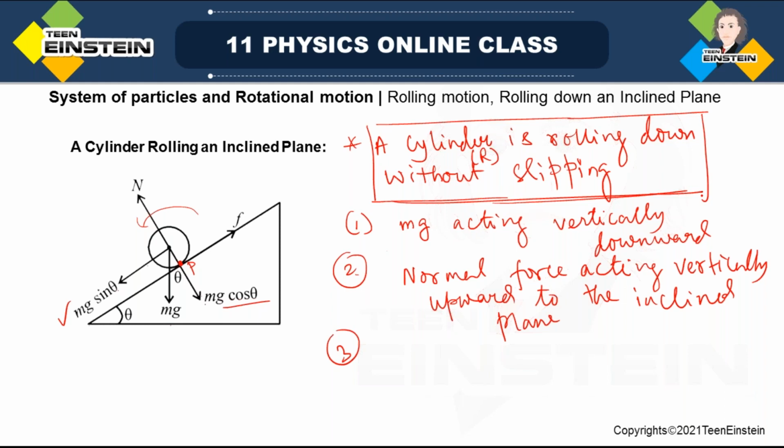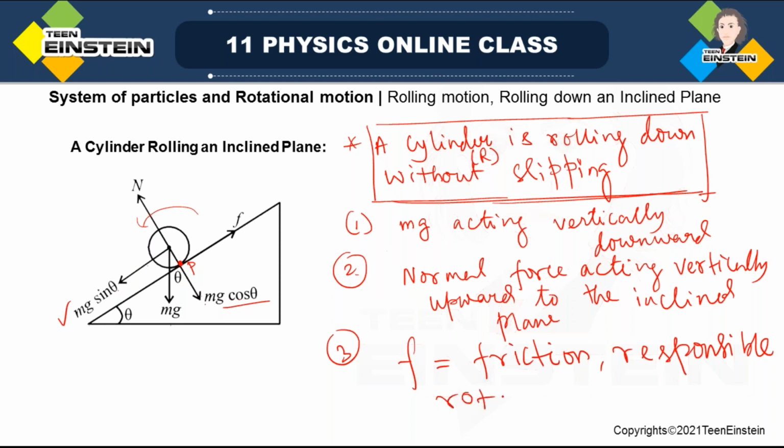So this is what is making the rotation: the frictional force, friction, which is responsible for rotational motion. You have to understand this, it is very important. You might be thinking, who is giving the torque to this cylinder for rotation?